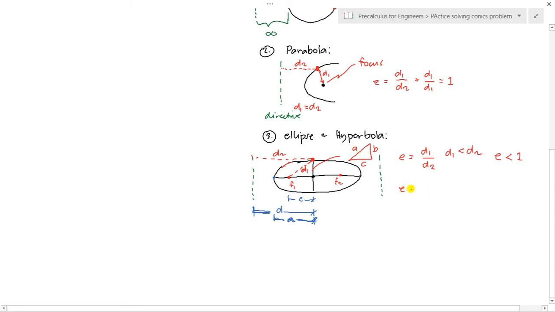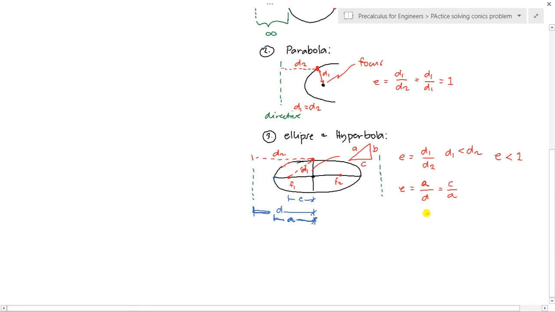So therefore D1 is A all over D2. The D2 is just equal to D here, which is the distance of the directrix from the center of the ellipse. Or further derivation, ang value sa atong eccentricity is also equal to the ratio of C all over A.